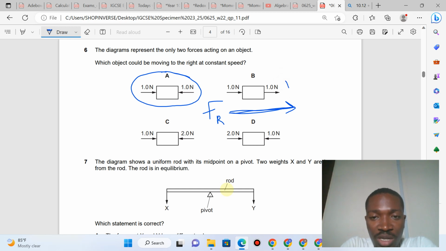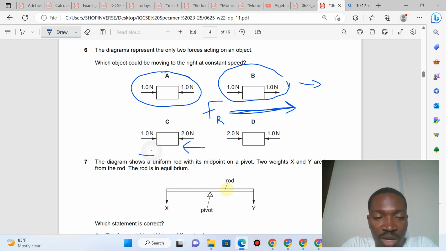Option B, the two forces are directed to the right, so the resultant force will be to the right. In option C, the force to the left is bigger than the force to the right. The force to the left is 2 Newton. The force to the right is 1 Newton. 2 minus 1 gives you 1. So there will be a resultant movement to the left in option C. In option D, the force to the right is 2 Newton.